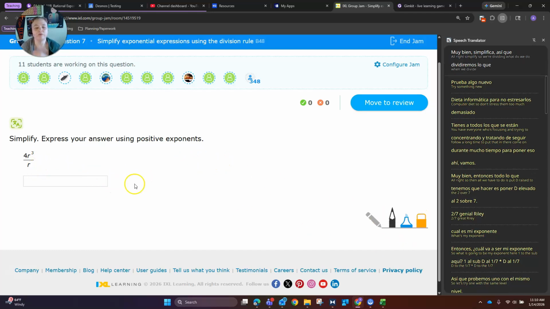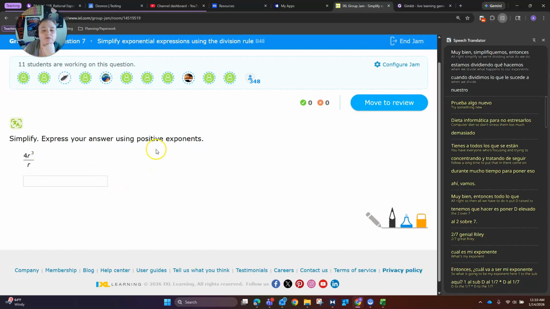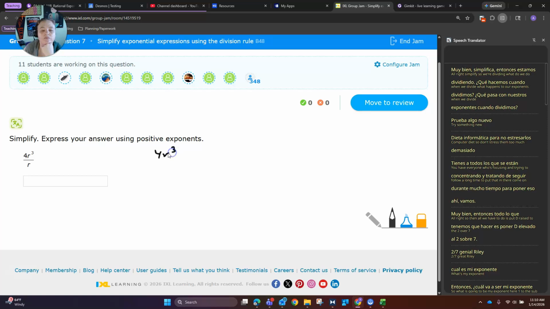What happens to our exponents when we divide? I assume you meant divide, Michelle. Is that correct?